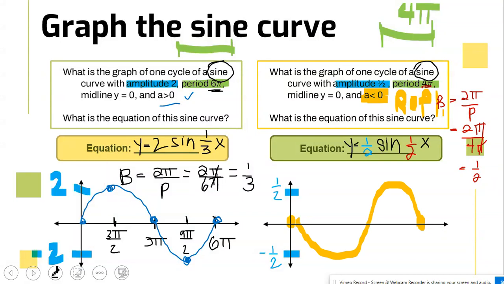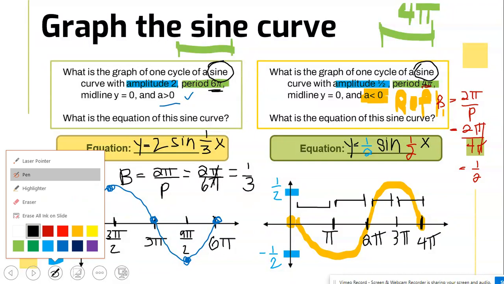So let's label. We have our y-axis labeled, and if our period is 4 pi, that means that's this value all the way over here. Halfway is 4 pi cut in half. That gives us 2 pi. 2 pi cut in half, that's just 1 pi. And now we're going to count. This is 1 pi. This is 2 pi. This next one will be 3 pi. Then again, you count and you have 4 pi.